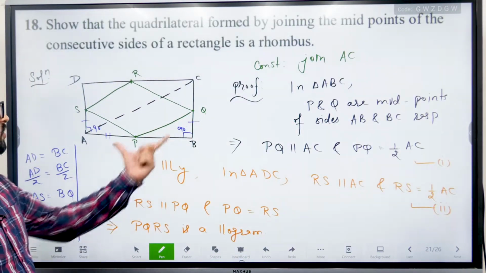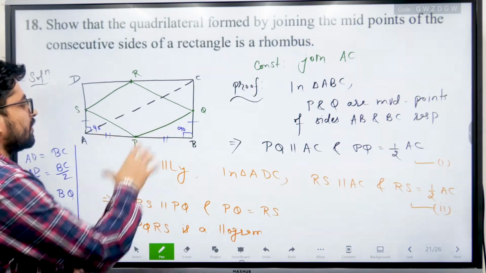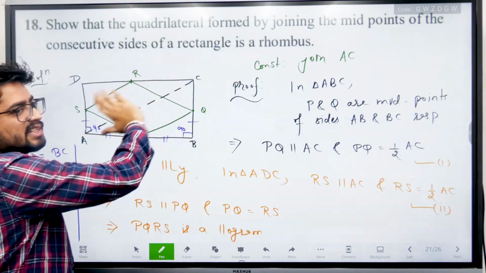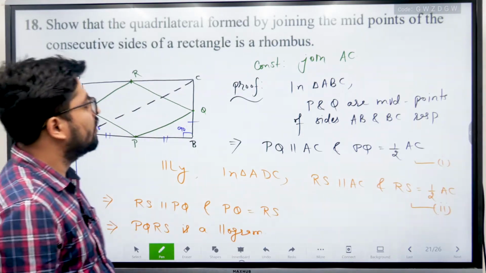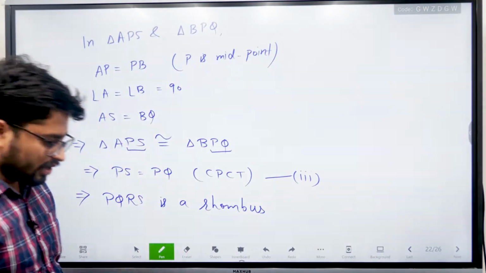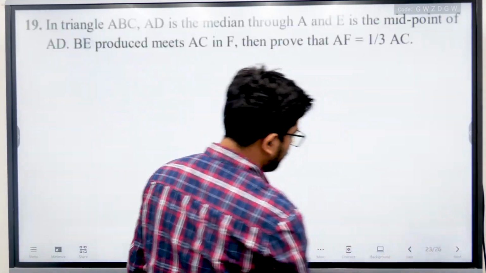Got it? We know PQ is equal to SR and PS is equal to QR. So all the sides are equal, which means this is a rhombus. So this is the solution. Now move to the next one.